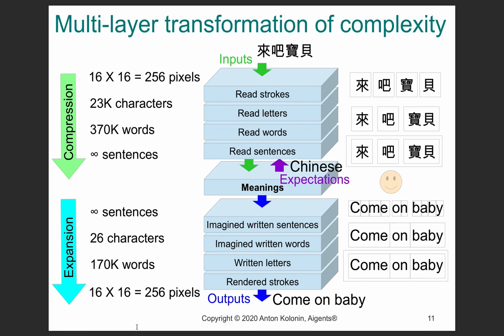Then further, when we have the letters recognized, the module which is recognizing the letters from the strokes is getting feedback from the module responsible for reading words. So assuming that the letters are assembled into the words correctly, we are getting the feedback from the other module responsible for reading words. And moving forward, we can reach the level of the comprehension of entire sentences, and then the level of the meanings.